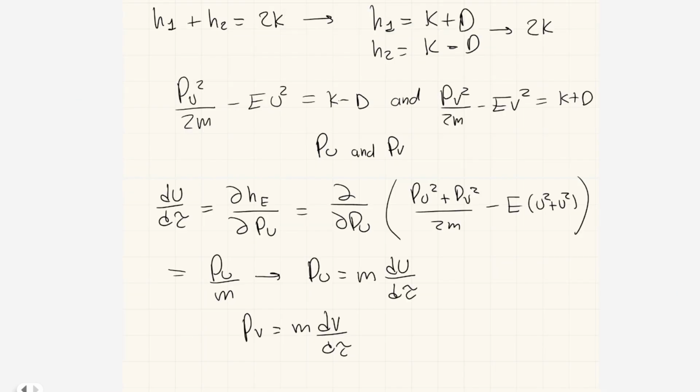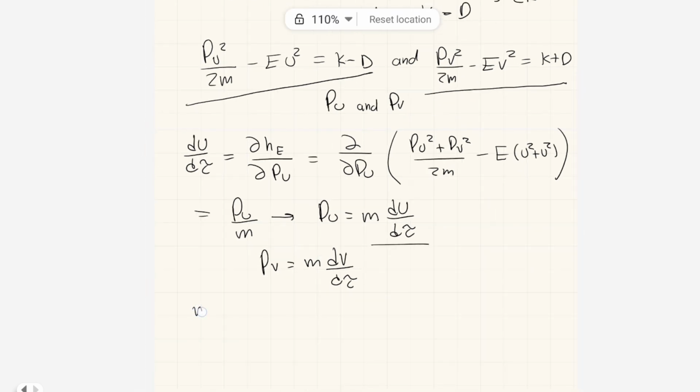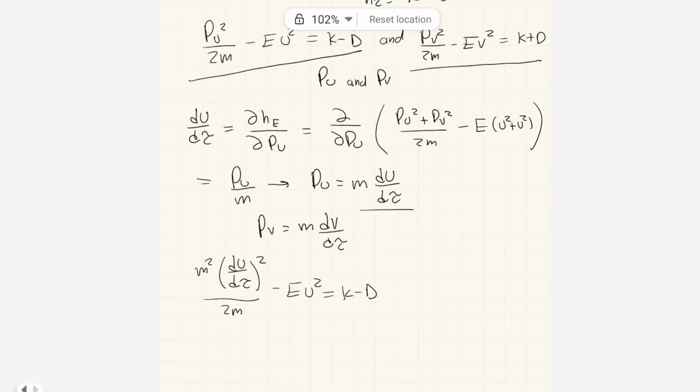So if we take these results into these equations, this one and this one, we can say that pu squared is equal to this, to get that m squared, the derivative of u with respect to tau squared divided by 2m, minus eu squared, is equal to k minus d, and that pv squared will be m squared, the derivative of v with respect to tau squared divided by 2m, minus ev squared, equals k plus d.